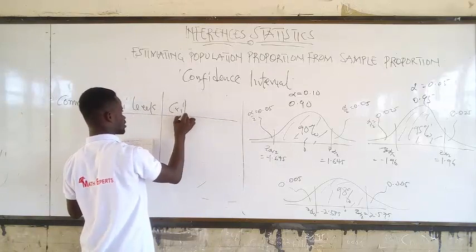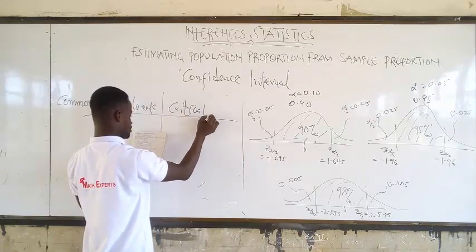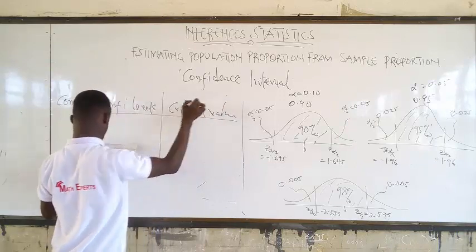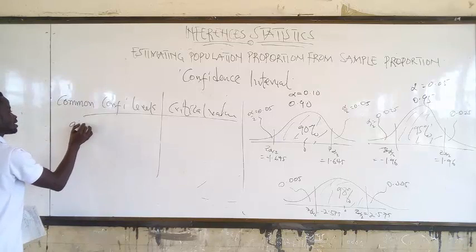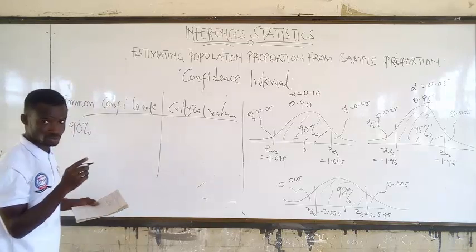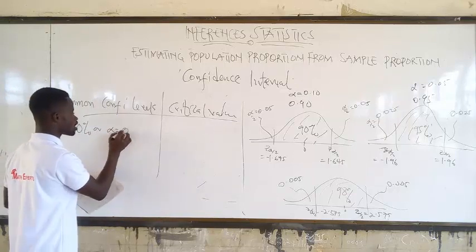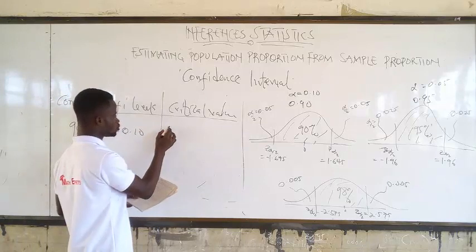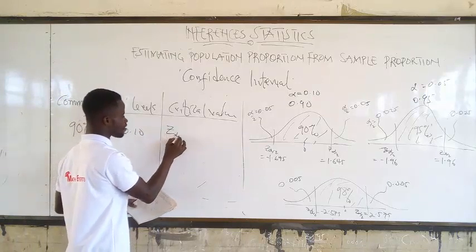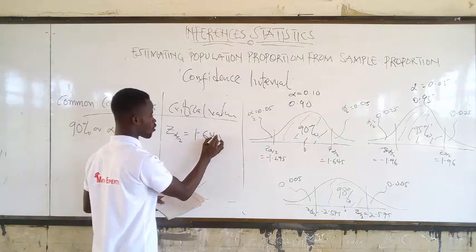and their critical values. So if you have 90%, or alpha level of 0.10, your critical value is going to be Z alpha over 2, which is 1.645.